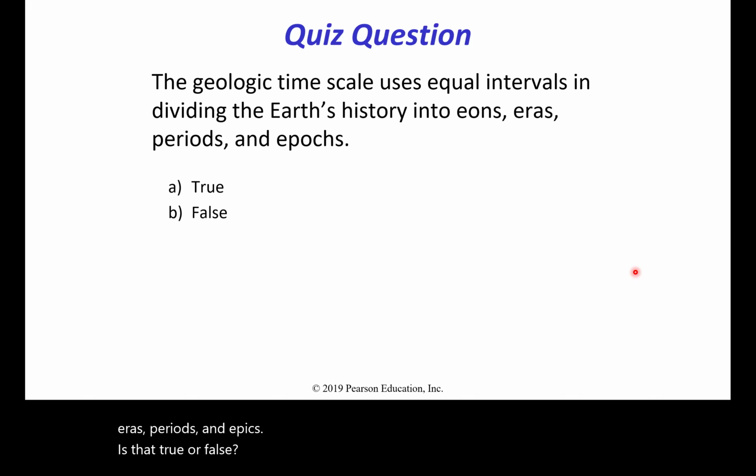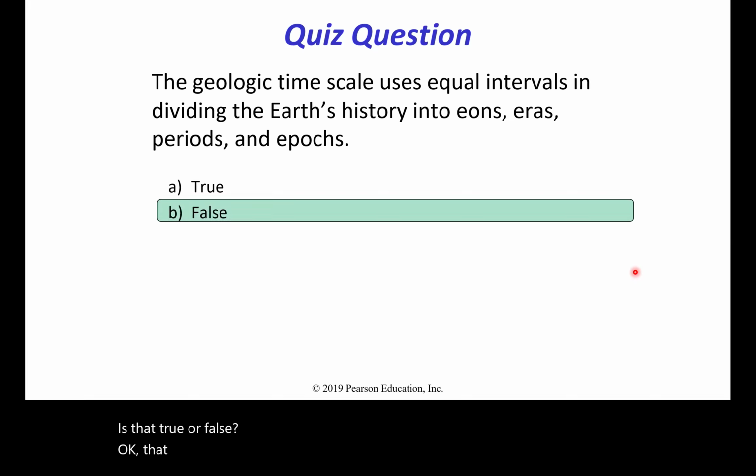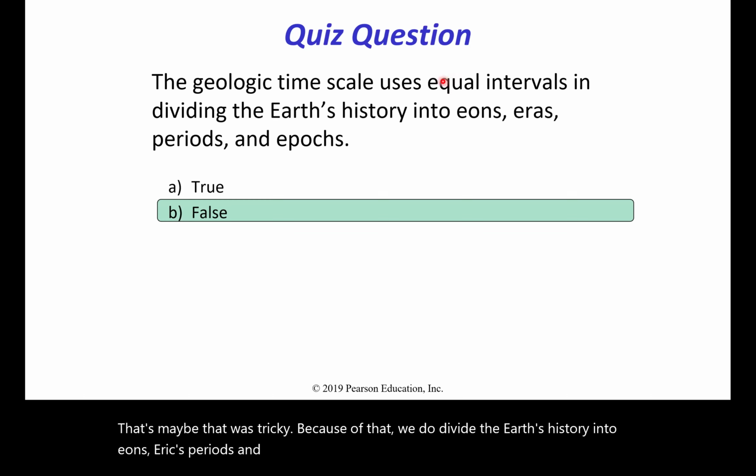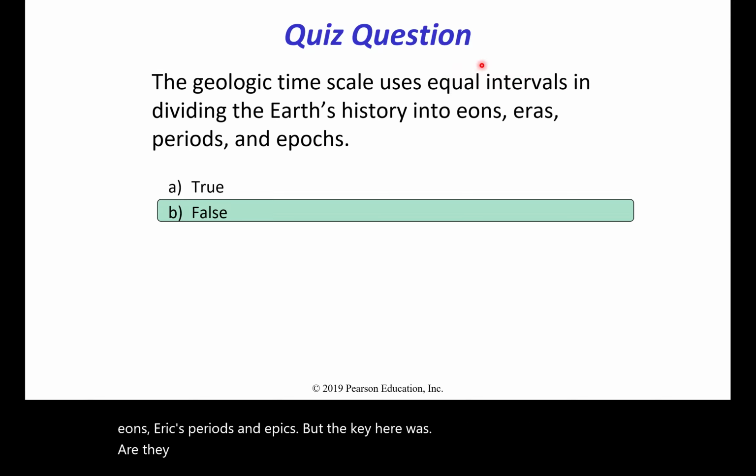Okay, that would be false. The intervals are not equal. Maybe that was tricky. We do divide the Earth's history into eons, eras, periods, and epochs, but the key here was, are they equal intervals? No, they can be all sorts of different lengths of time.